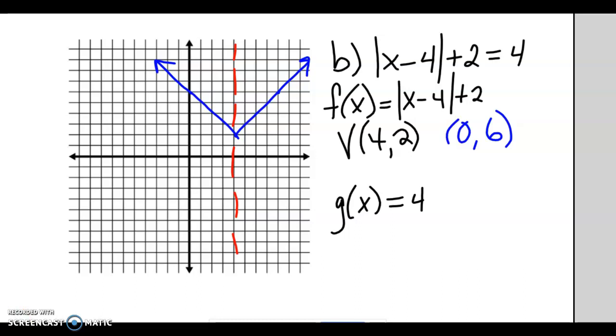How do I graph g of x equals 4? If I do a t-chart, what's my y? Every y is going to equal what value? 4. So I can use whatever I want for x.